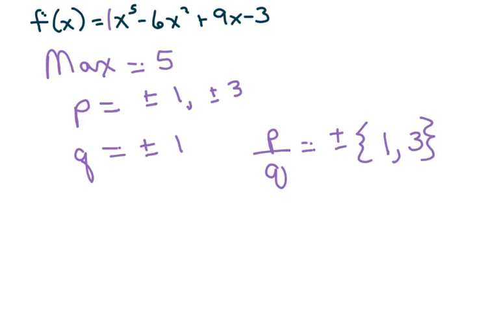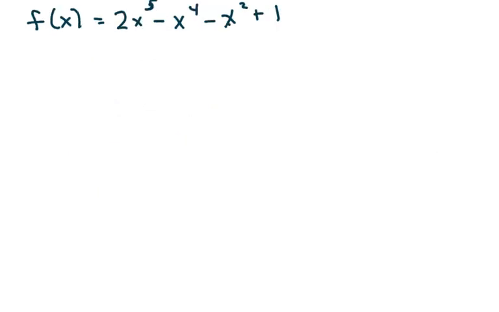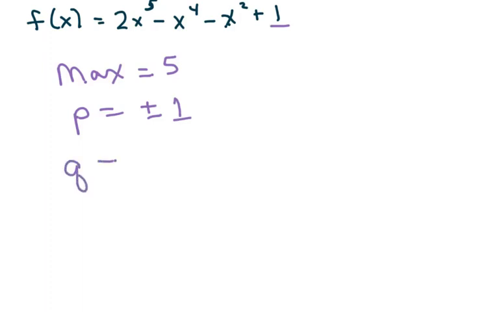That's set. All right, and for this one, we have the maximum possible real zeros is 5. My P is this last one. That's going to be plus or minus 1. My Q is going to be plus or minus 1 and plus or minus 2.